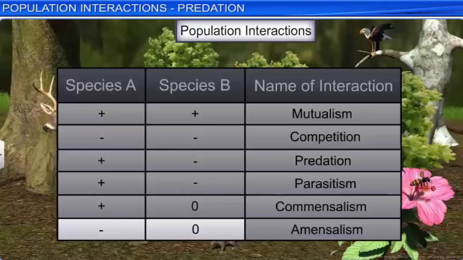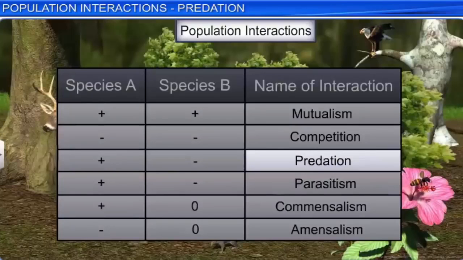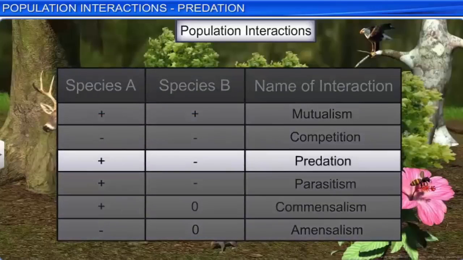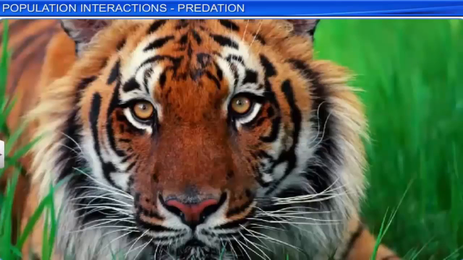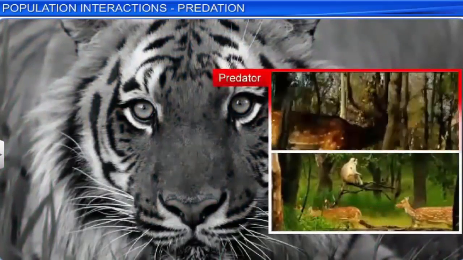Interestingly, a common feature seen in predation, parasitism, and commensalism is that the interacting species live close together. Let's look at predation in detail. When members of one species, called the predator, feed on another species called the prey, the interaction is known as predation.